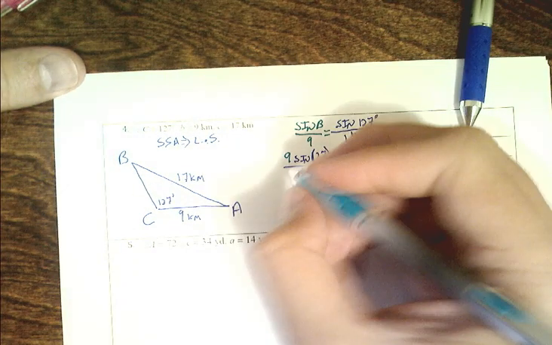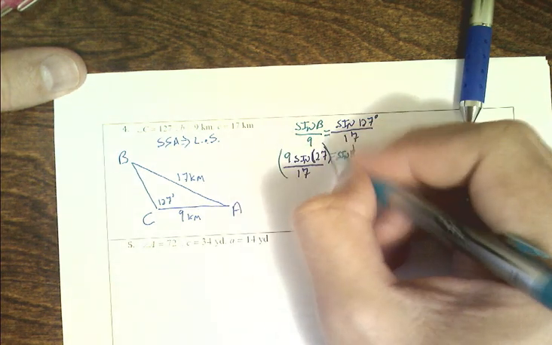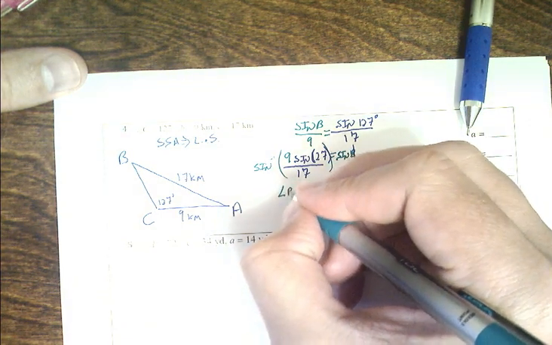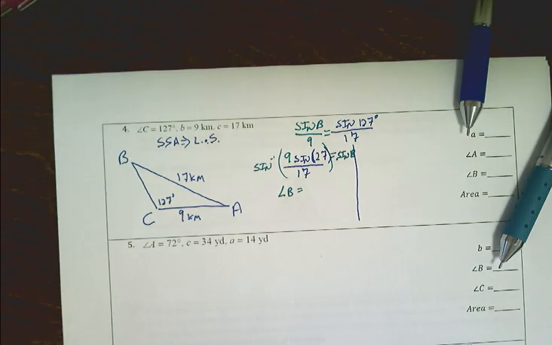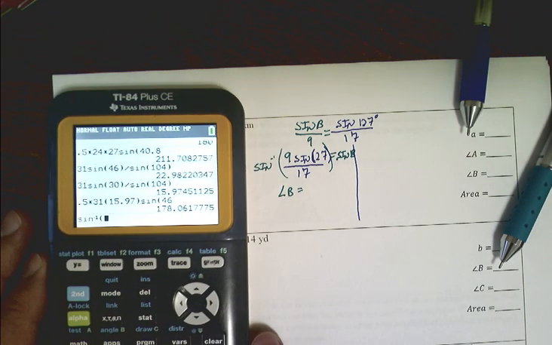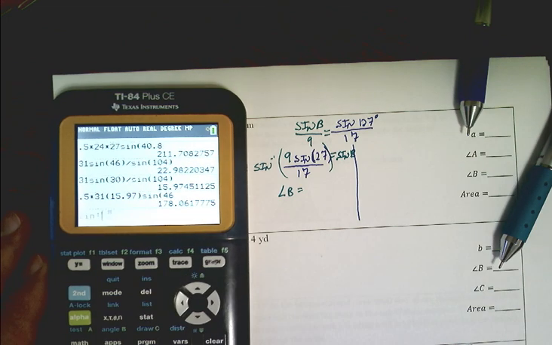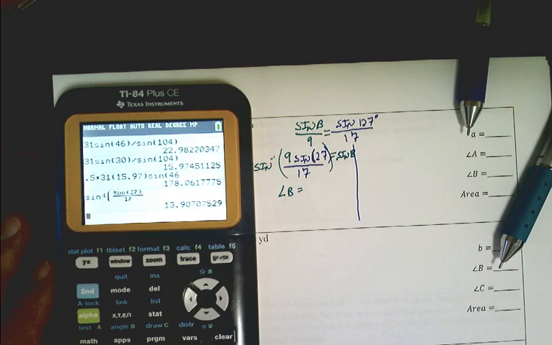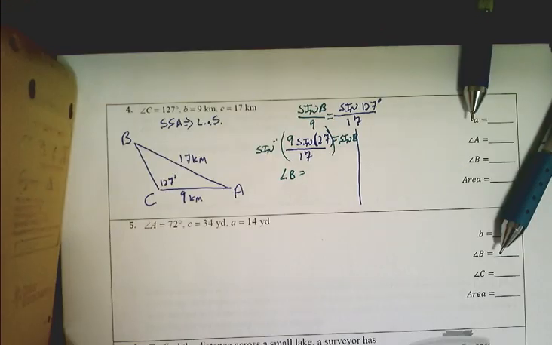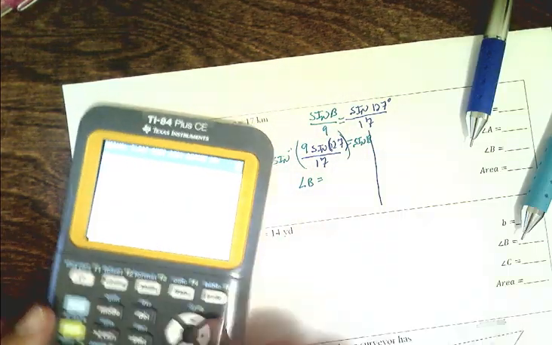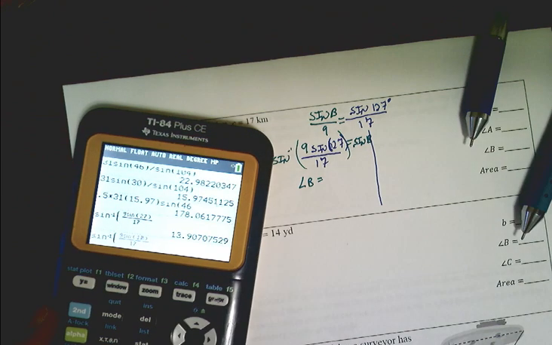We have to do inverse sine to get b by itself, so we will take the inverse sine of both sides, which will tell us that angle b is equal to inverse sine of 9 sine 127, oh sorry, this would be 127, not 27, divided by 17.